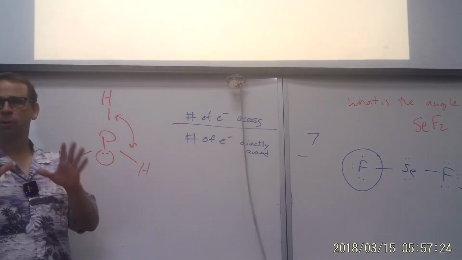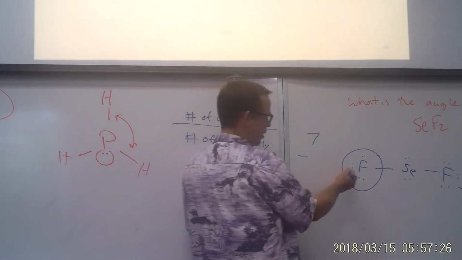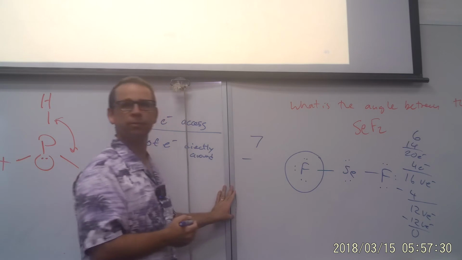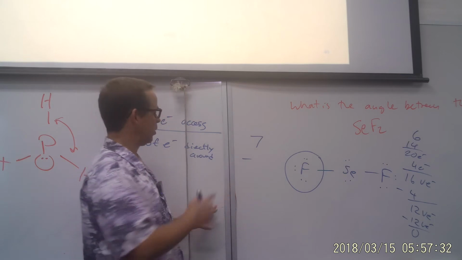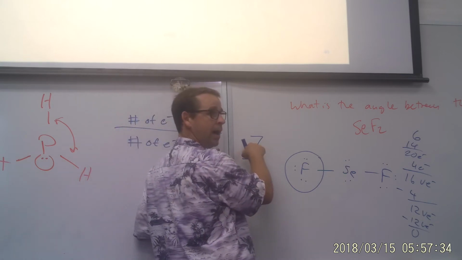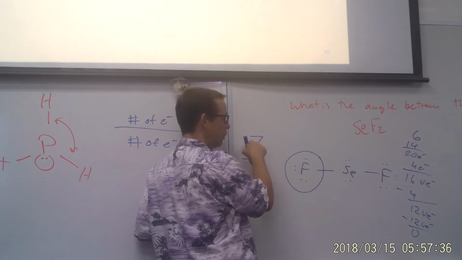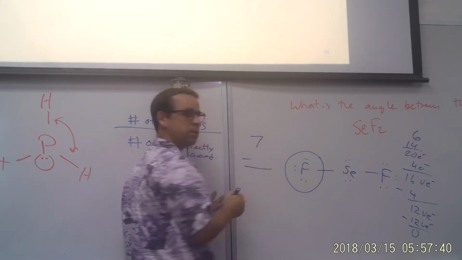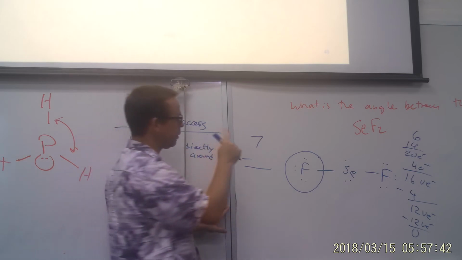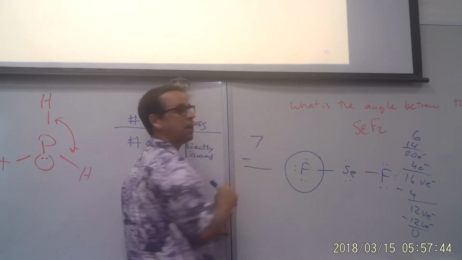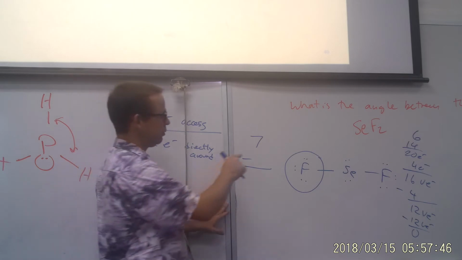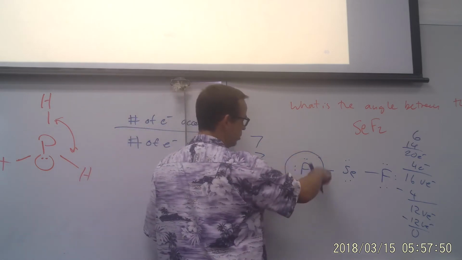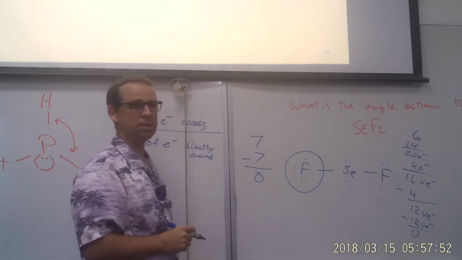If we have access to them, that could be the ones that are directly around, but also any ones that are in bonds. Here we have 7 right around us, and we subtract the number of electrons that we brought to the party. Oh, no, sorry, other way around. This is how many we brought. We subtract how many we have right around us. So fluorine brought 7, and it has 7.